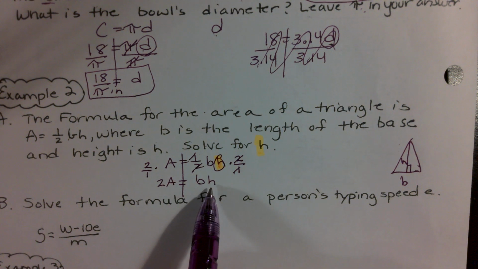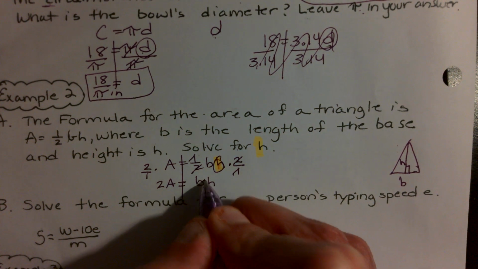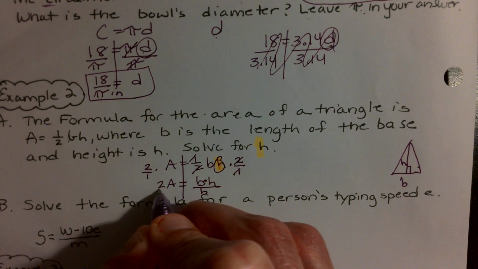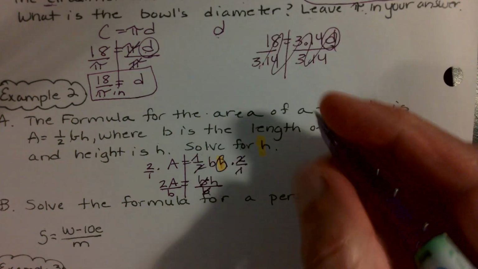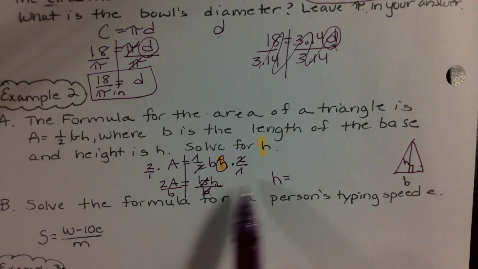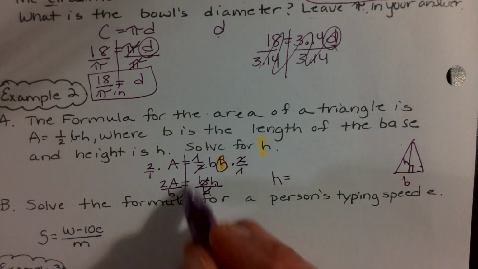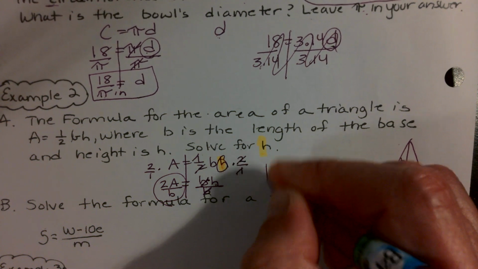I'm trying to just get the h alone, and then I'm done. Well, I have b times h. So what's the opposite of multiplying? Dividing by b. Again, I'm leaving the h alone. I'm going to rewrite it with the h on that side, but the h is alone. And now what's over here? 2a over b.